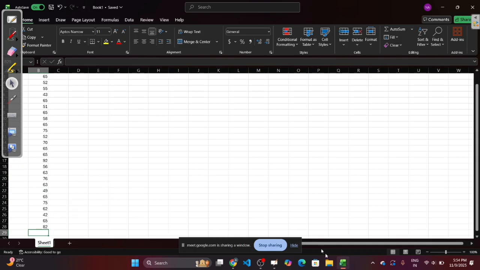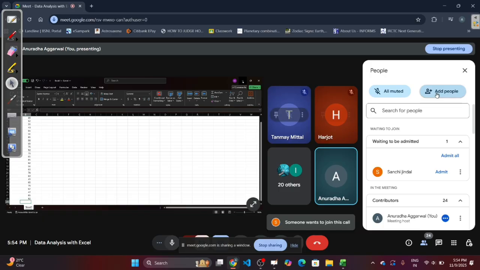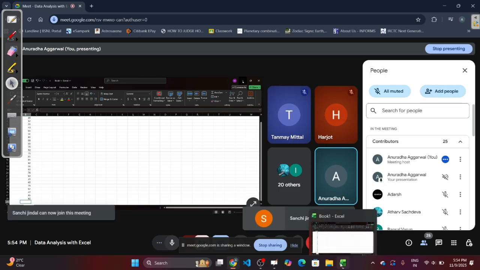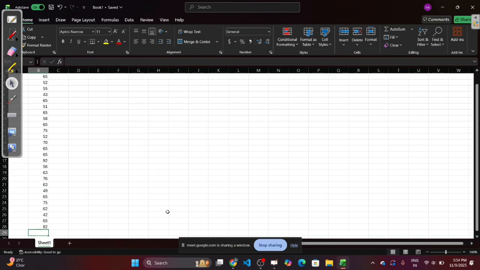See, for the skewness, we will try to write all the methods. First method was mean minus mode, right? So this is the data, and let's write here.